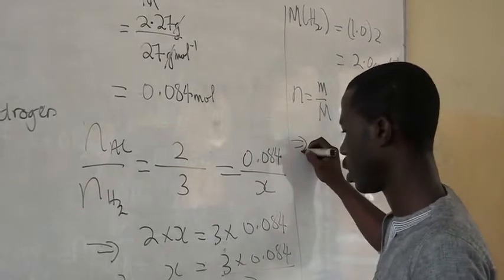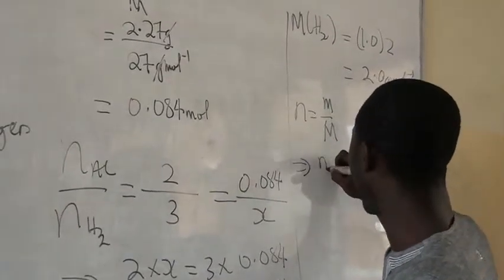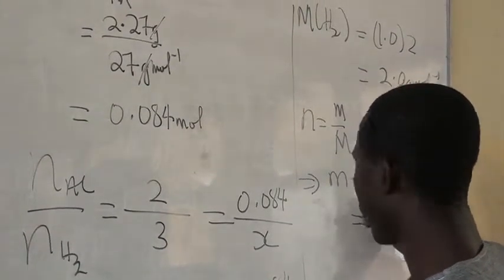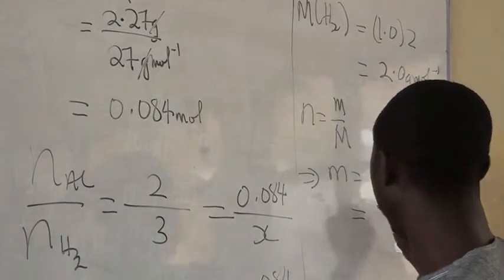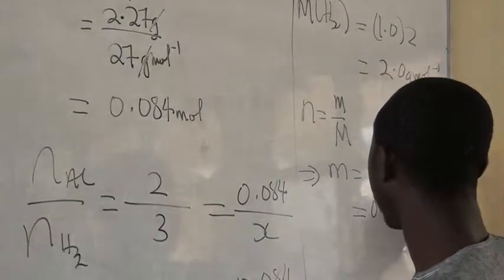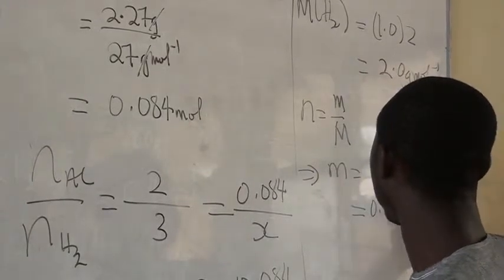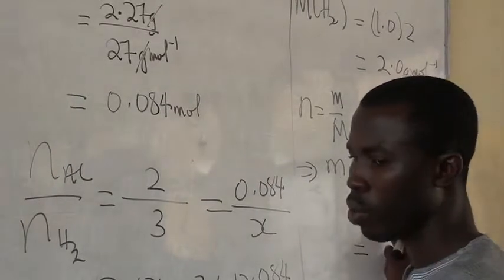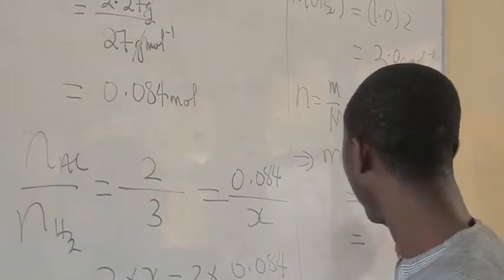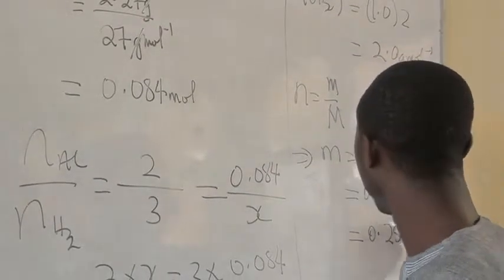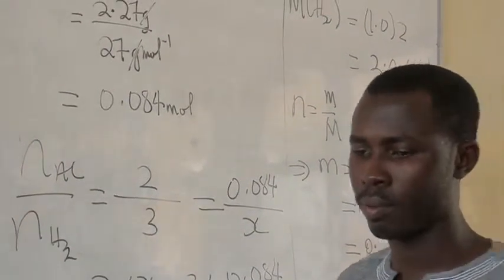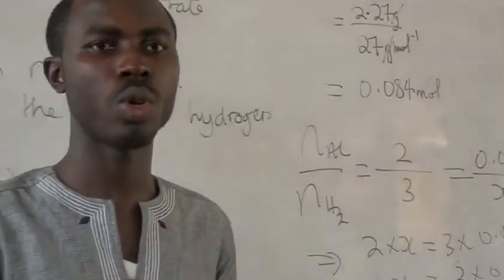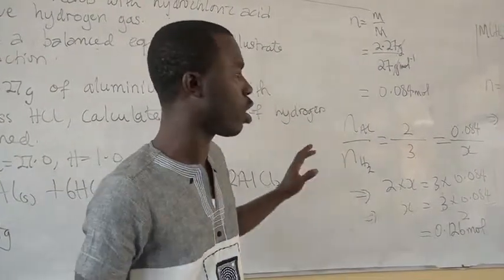This implies the mass is amount of substance times molar mass. The n, which is the amount of substance, is 0.126 times the molar mass, which is 2. So when you multiply, what will be the final answer? 0.252 grams. 0.252 grams.